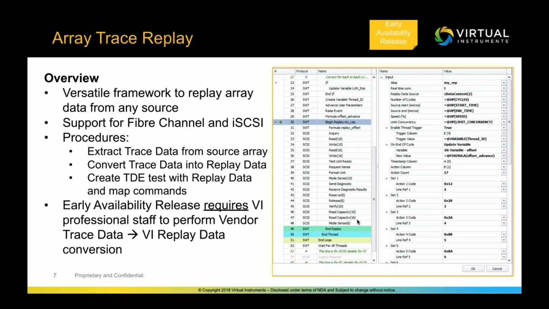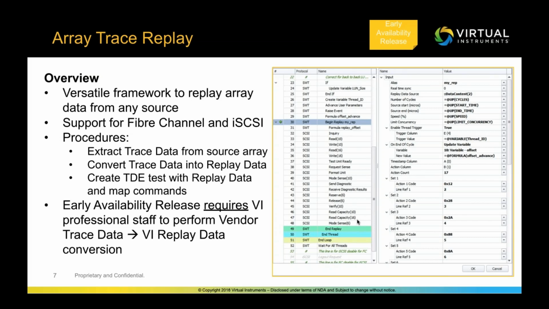So we designed it to be very versatile, and it is a generic framework that we can use to replay array data from potentially any source. Initially, we're going to focus on fiber channel and iSCSI because certainly when it comes to NAS and object, it can get a lot more complicated in reads and writes, as we all know.